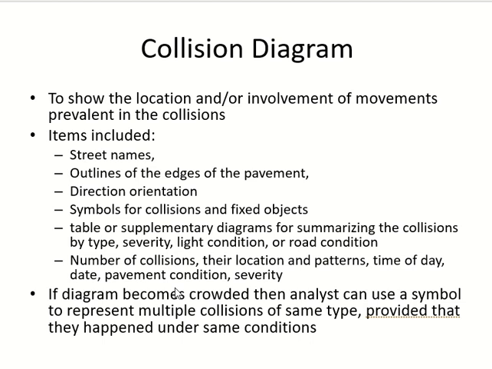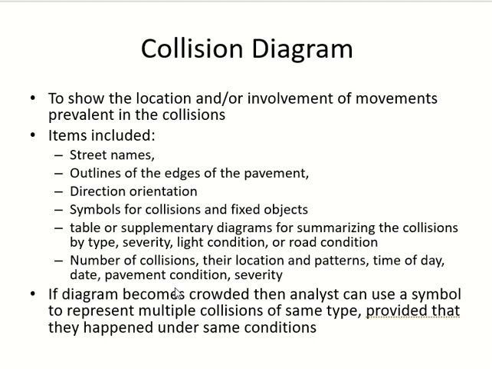And this is the main item. The diagram should show how many crashes you had, at what spot exactly. So one diagram is not for the whole country or for the whole city. One collision diagram is for one segment or one intersection. But in that intersection, where did the accident happen? Location means the exact point.